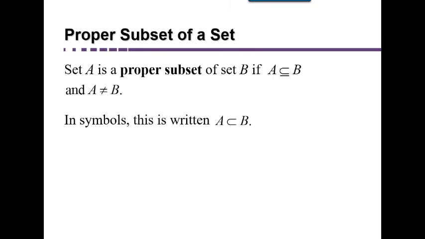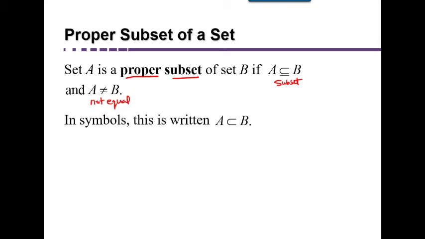Now suppose that A is a subset of B and B is a subset of A are both true. Then that would mean that the two sets would have to be equal to each other, right? Because each one has all the elements of the other, which was our definition of set equality we learned last time. But what if we wanted to specify that a set is not equal to the larger set?